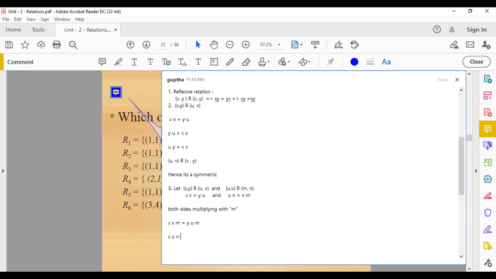Is it okay, guys? It's clear. I'm just going to replace VM with UN, since we already have VM equal to UN. And the next one is YUM.